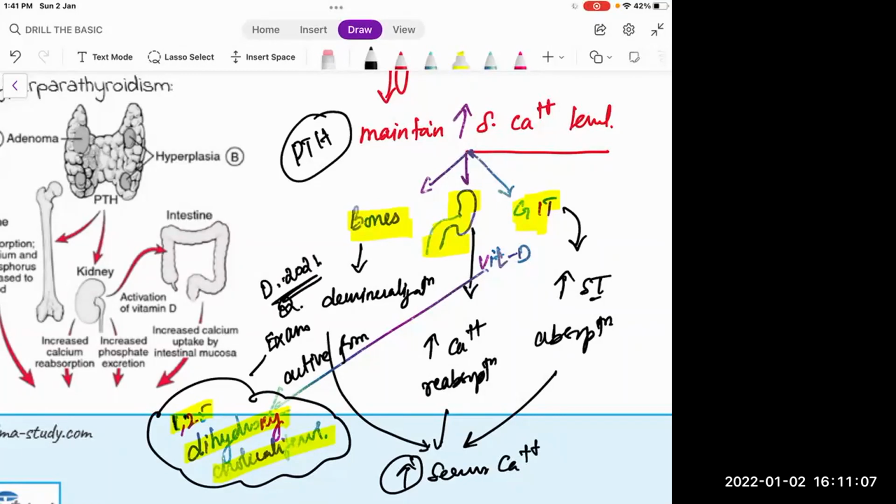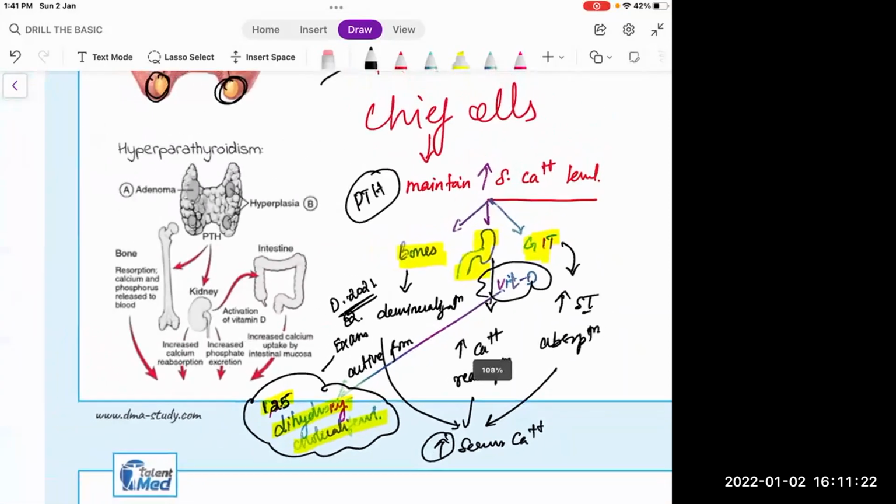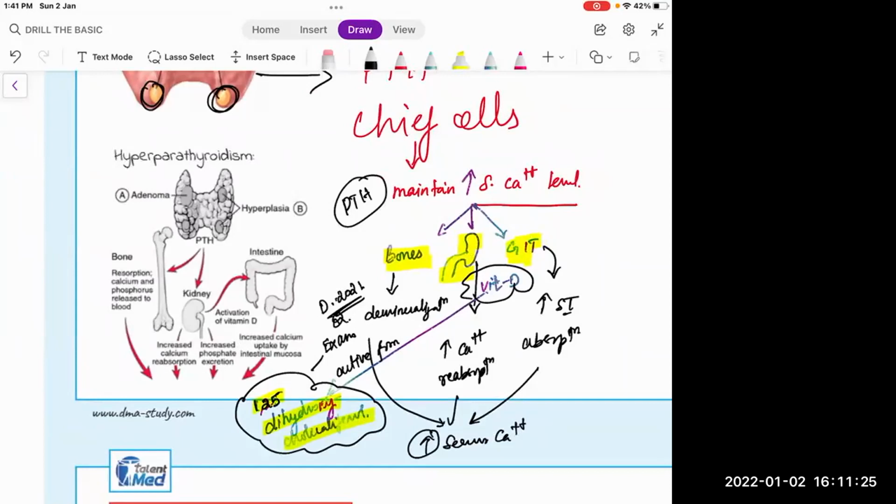Okay, the active form of vitamin D: calcitriol, 1,25 dihydroxycholecalciferol. That is the active form of vitamin D. So whatever concepts you are studying, just understand them completely and remember them completely. That is the most important thing you have to know.